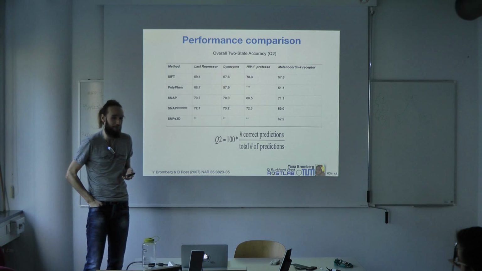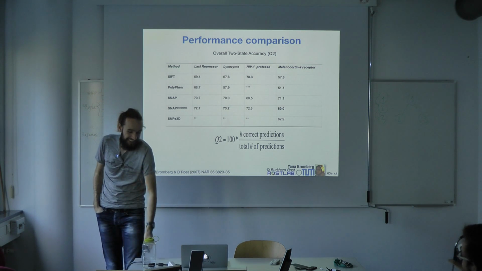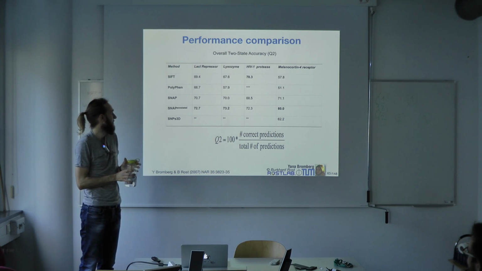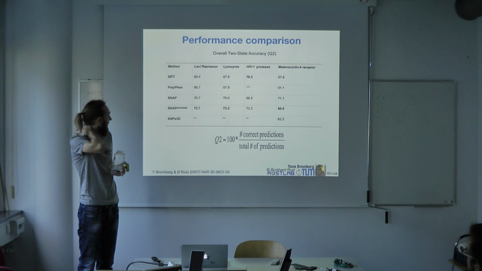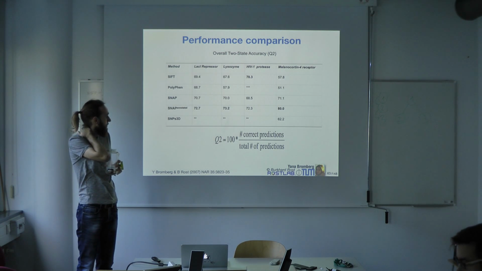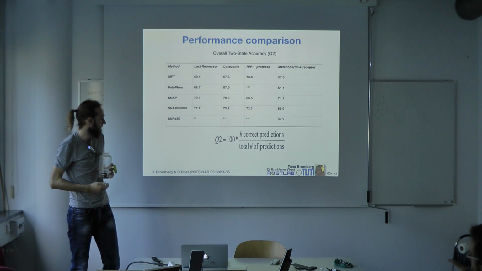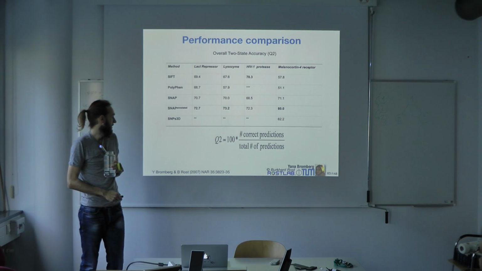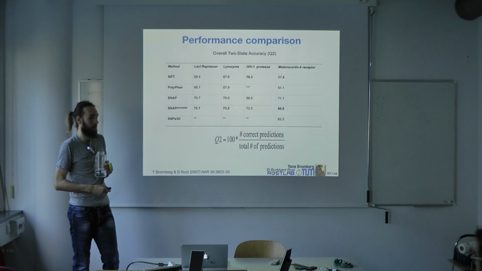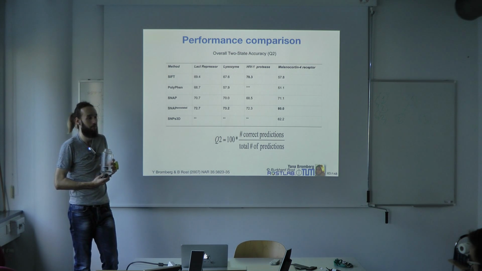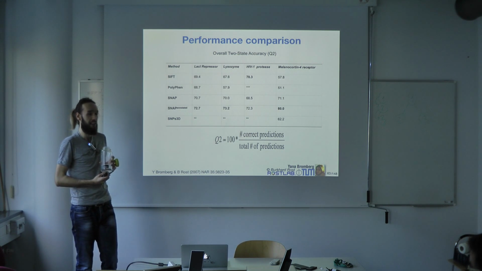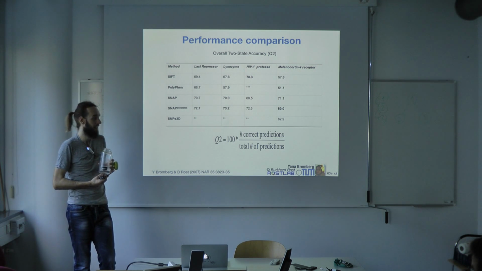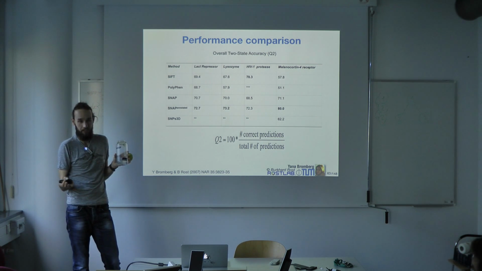Let's first of all look at the performance. SNAP's performance. The main point I'm showing the slide is to talk about the Q2 again, because that value always comes up. Q2 is a two-state accuracy, and all that means is you take all the cases that you predicted correctly and you divide it by your whole training set.